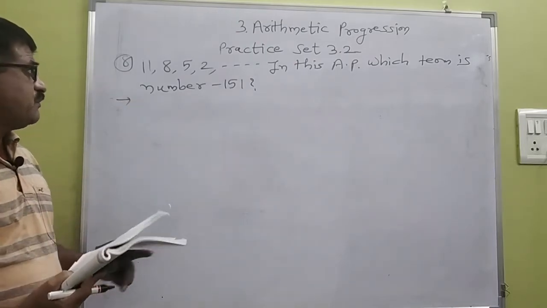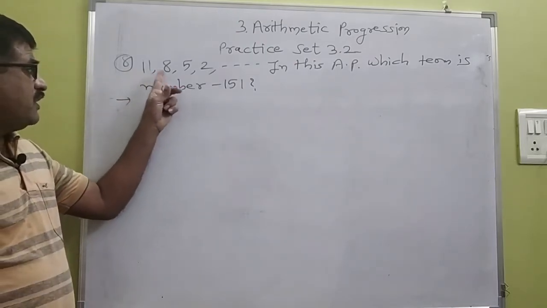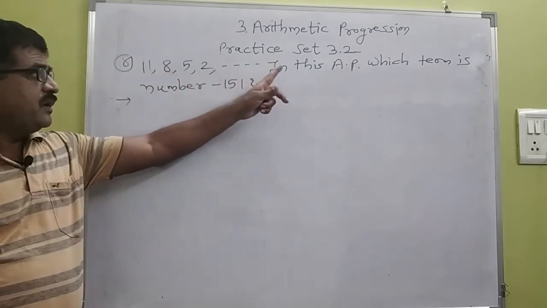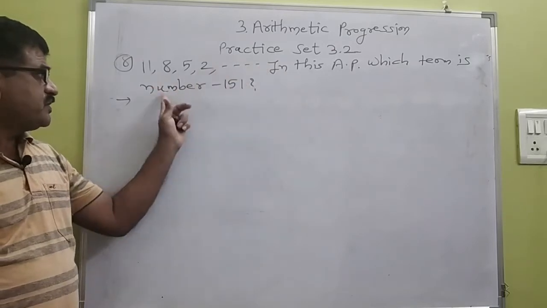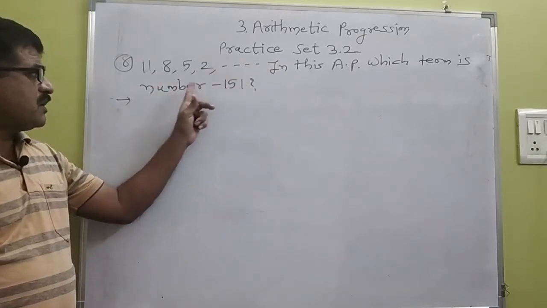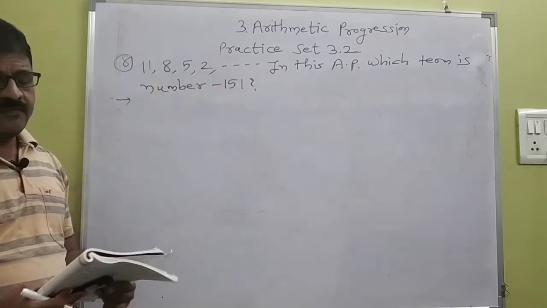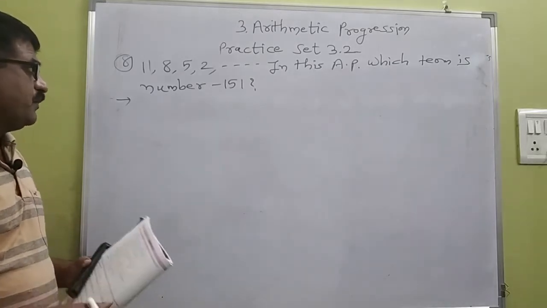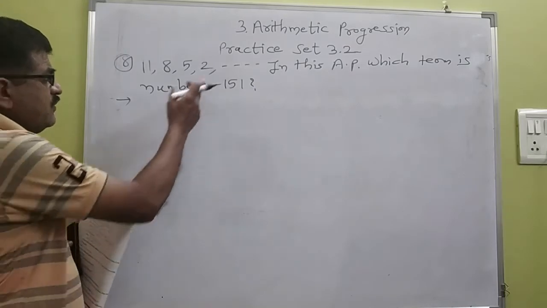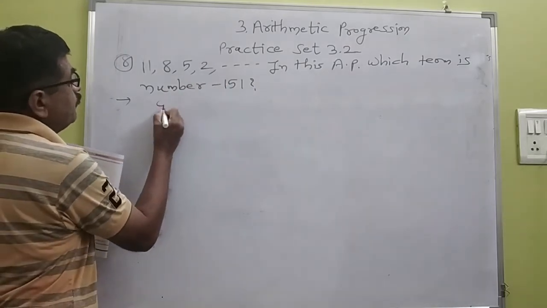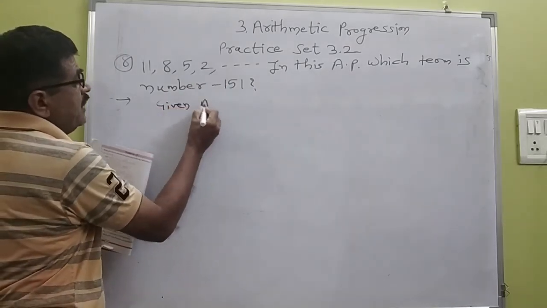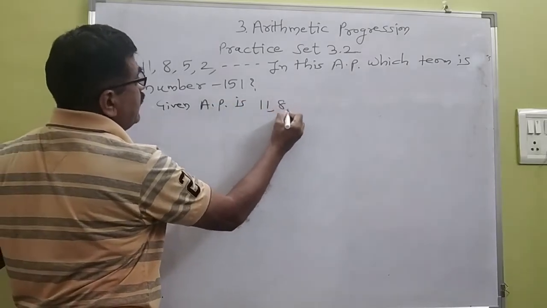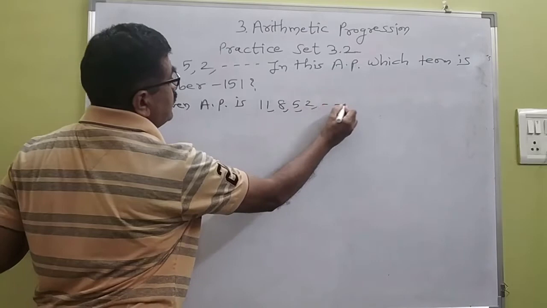Now in this example 11, 8, 5, 2 and so on, this is an AP. In this AP, which term is number minus 151? That is, we have to find the value of n. Now write down the given AP. The given AP is 11, 8, 5, 2 and so on.